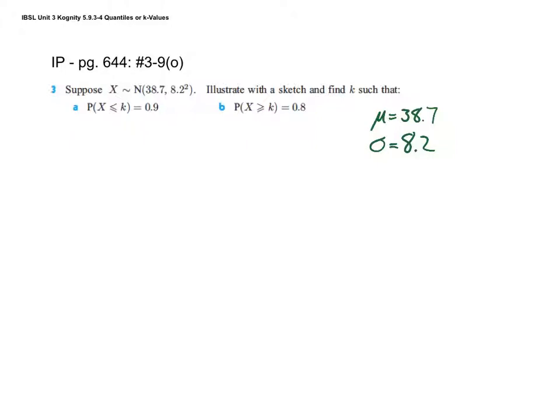Now, if I were drawing this to illustrate the probability, I want x to be less than k, and that probability to be 0.9. So k is going to be somewhere up here, and that area to the left is 0.9, or 90%.